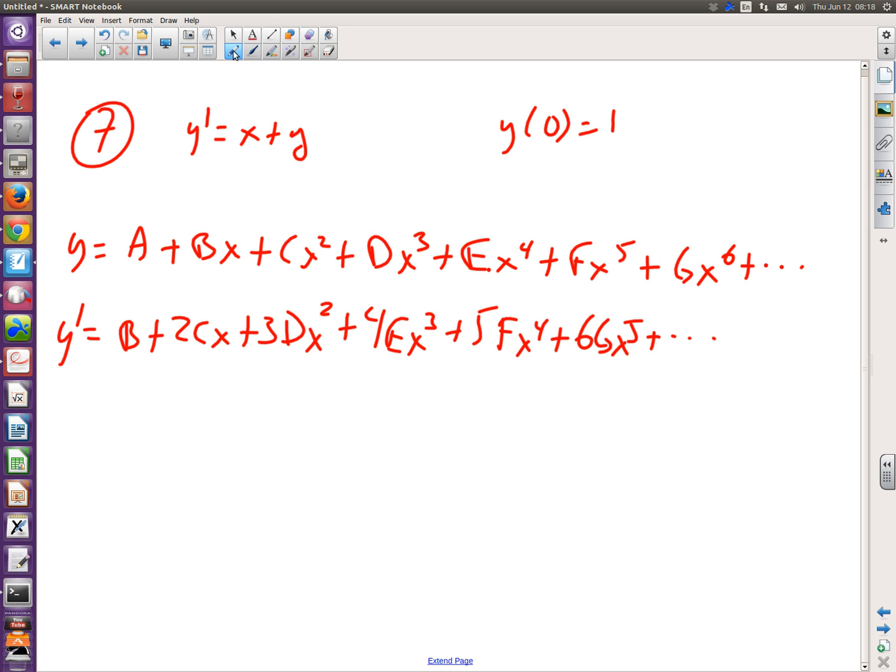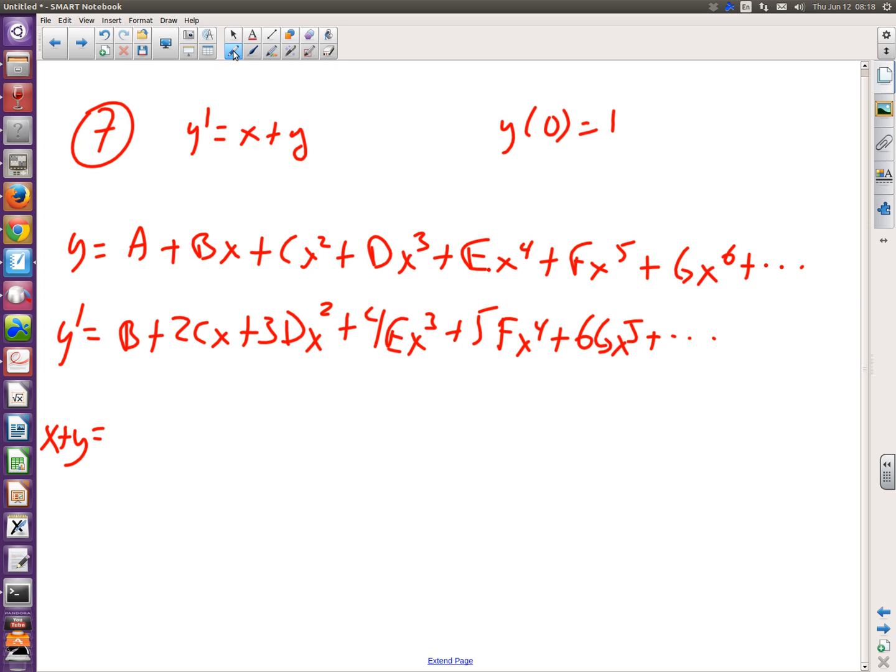All right, so let's continue. What are you going to do? Well, y prime has to equal x plus y. Can you write a series for x plus y? What's the difference between a series for x plus y and y itself? We're just adding an x here.